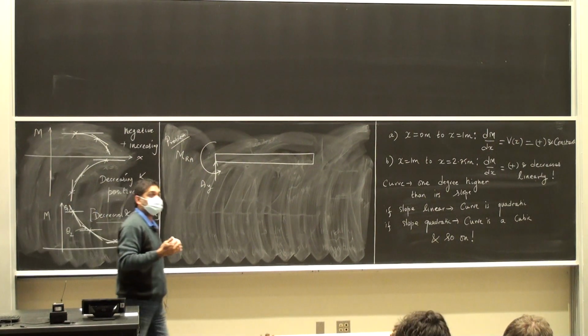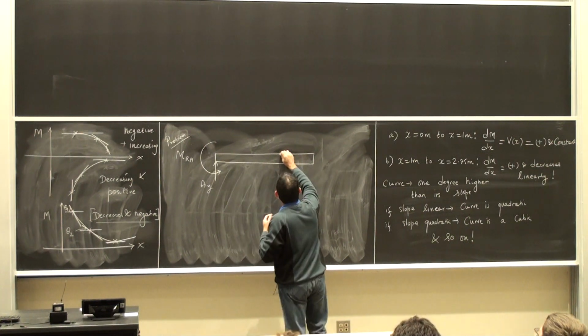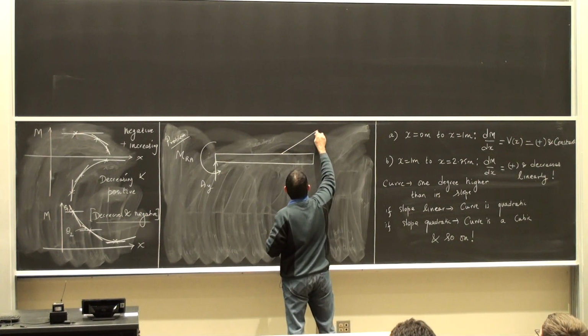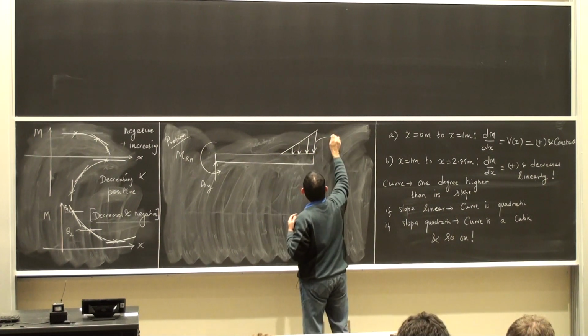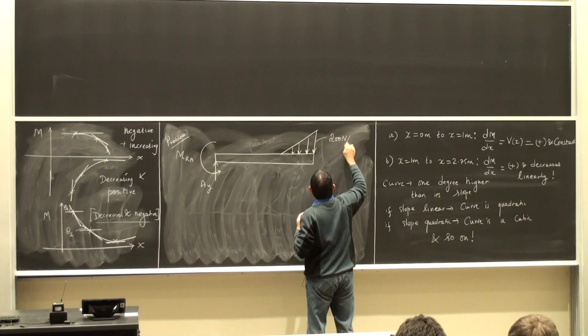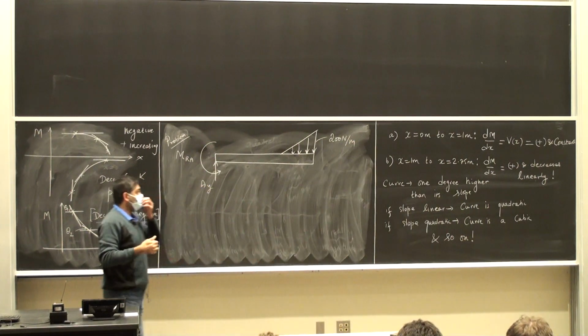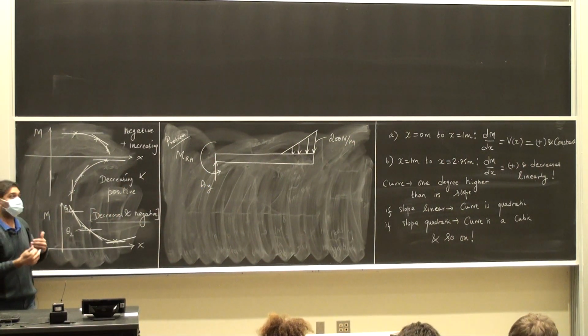I have the following forces acting on this beam. Newtons per meter, a triangular distributed load acting over a span of 6 meters.